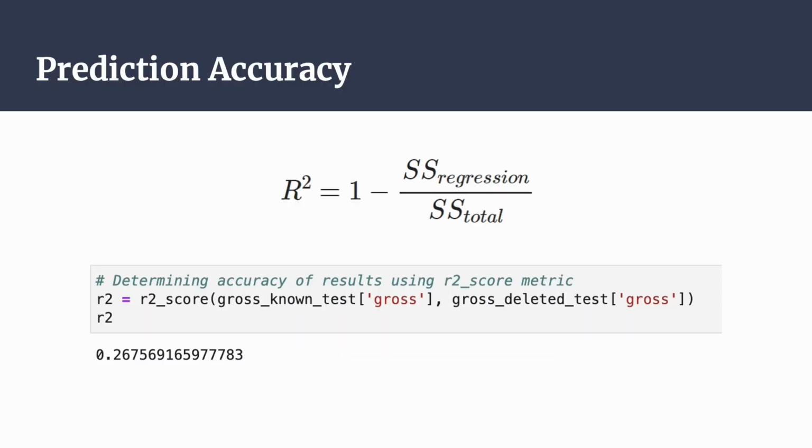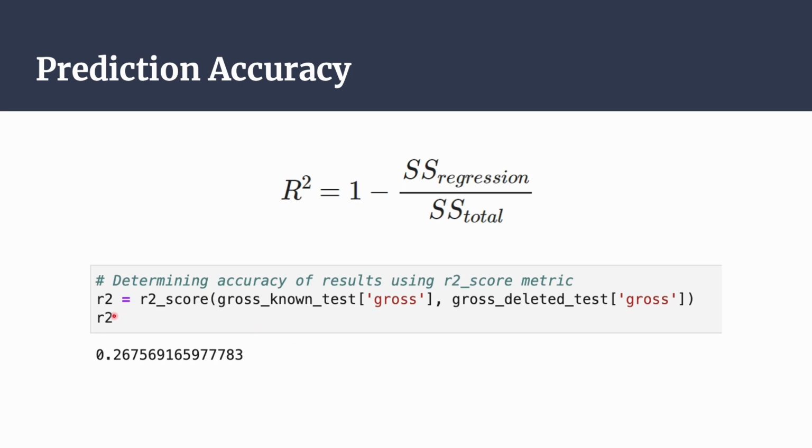We decided to then check the prediction accuracy of our results by using the R2 score function. So we removed 30 values from the gross attribute, and then we predicted them and compared them to the actual values.